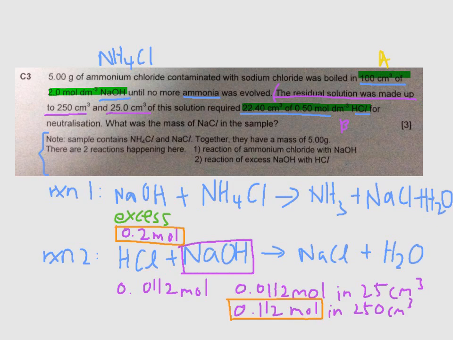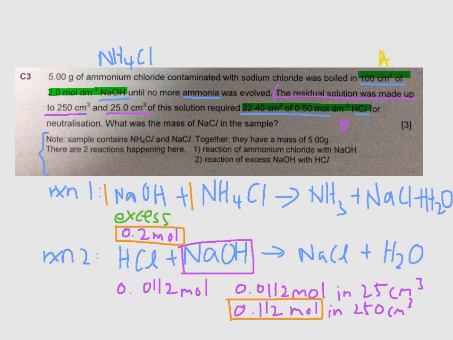you will then be able to find the amount of NaOH that has reacted. So you will take 0.2 minus 0.112 mole, that will be the amount of NaOH that has reacted. Using the mole ratio of NaOH with NH4Cl 1:1, the amount of NaOH reacted is equal to the amount of NH4Cl present in reaction 1.